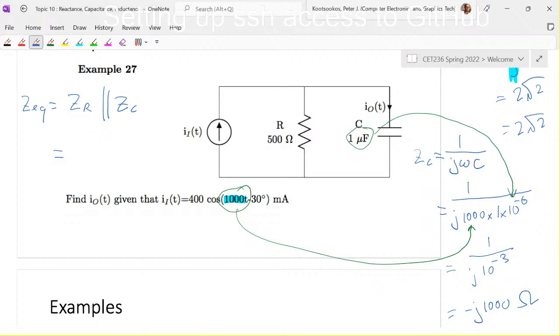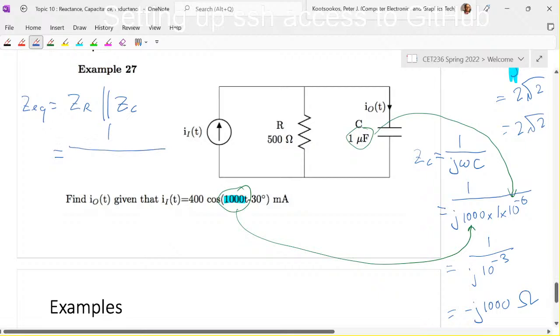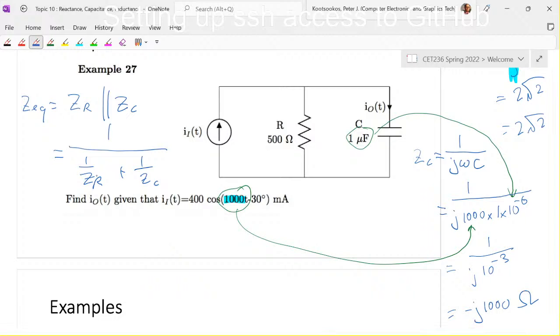Right, so I'm just going to write it all on one side. Z equivalent for ZR in parallel with ZC is 1 over 1 over ZR plus 1 over ZC.